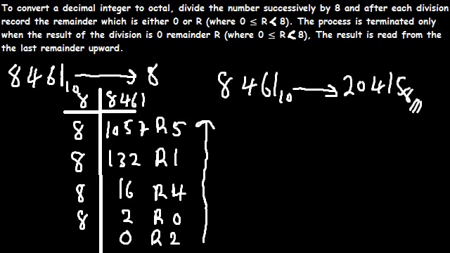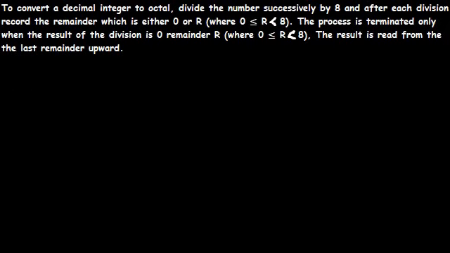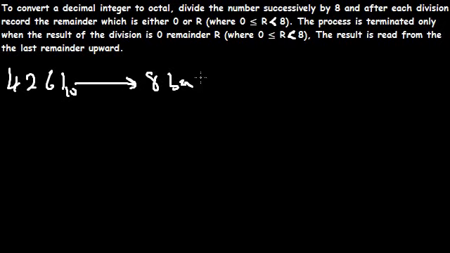Number 2, let's consider more problems in order to develop your ability in this concept. So assuming we have 4,261 in base 10, and we are willing to convert this to base 8.